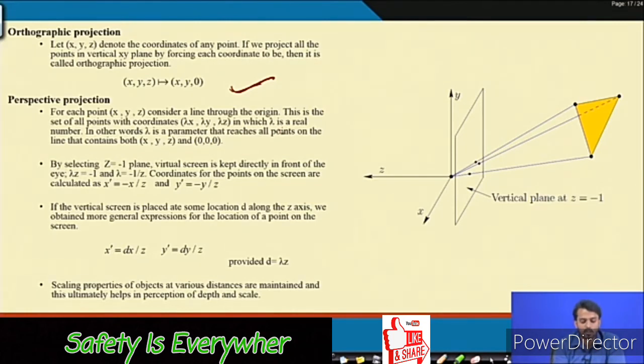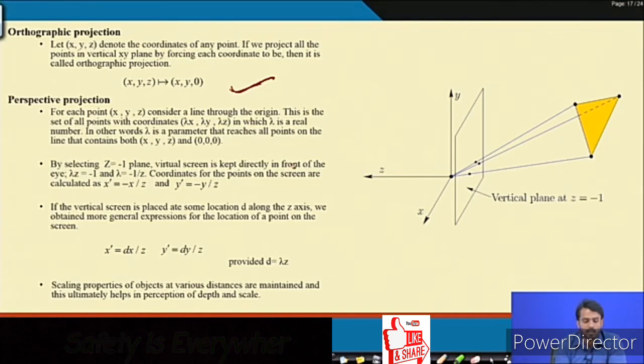In other words, lambda is a parameter that reaches all points on the line that contains both the origin 0, 0, 0 and our point x, y, z. By selecting the plane's equation z = -1, the virtual screen is kept directly in front of the eye. Then lambda z will be -1, so lambda is equal to -1 by z.